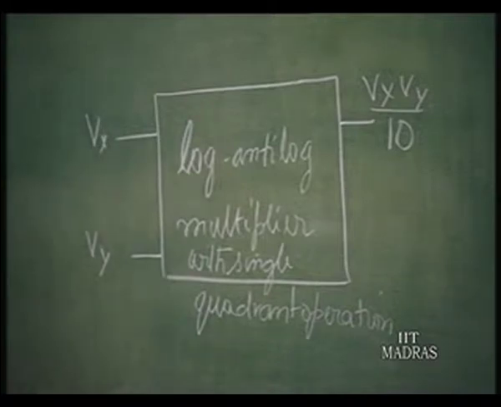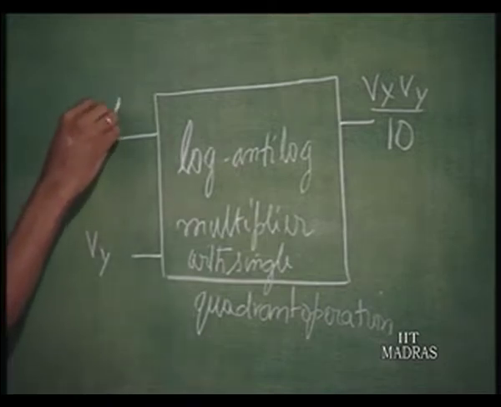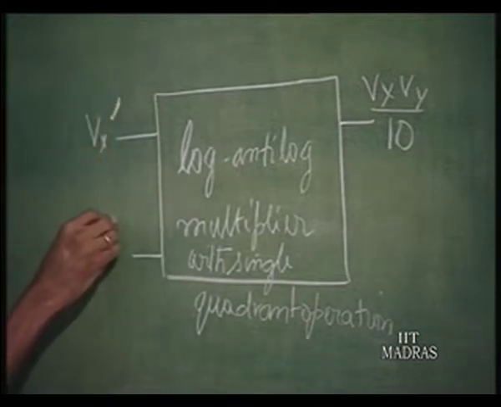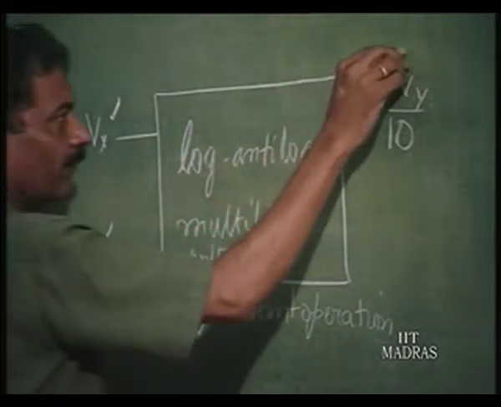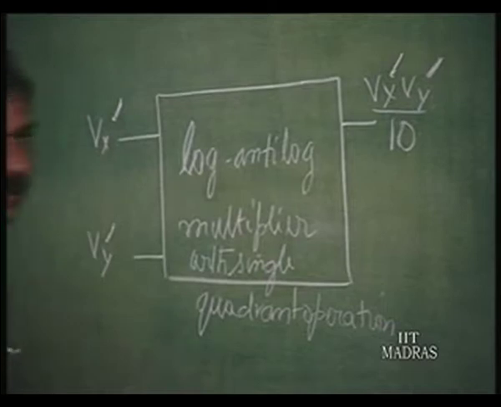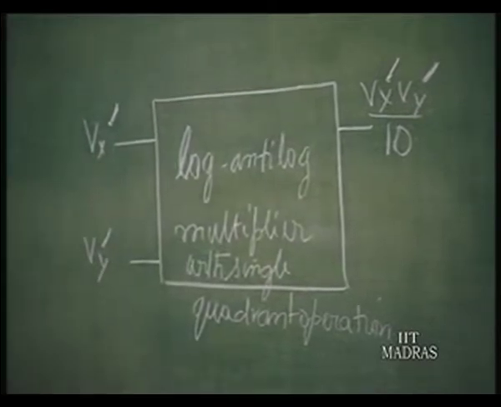So, we have to assume that we will give this V x dash and V y dash. So, this is going to become V x dash and V y dash into 10 volts.